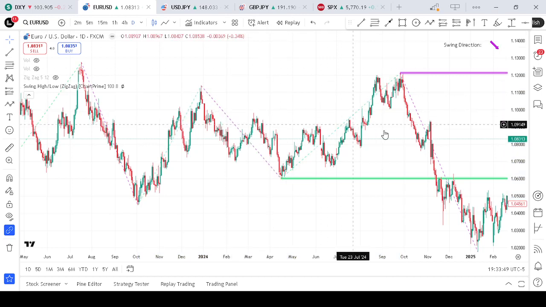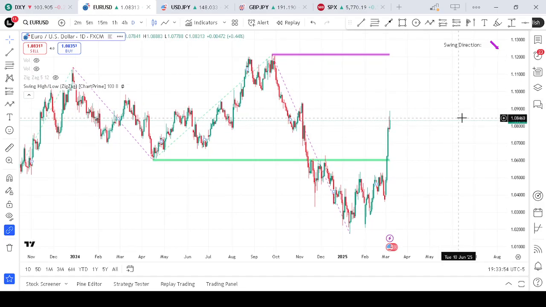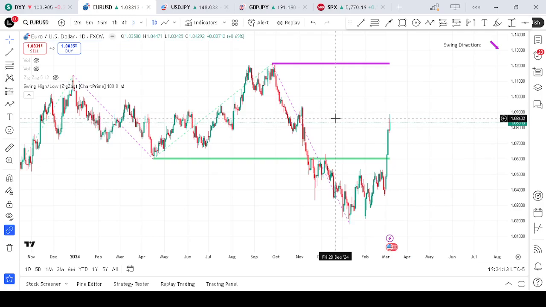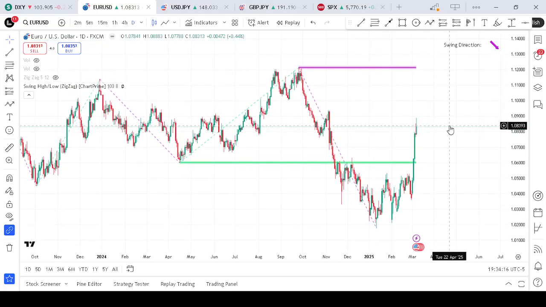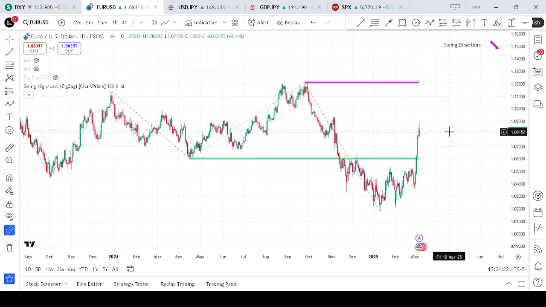Another advantage of the swing zigzag indicator is its versatility in application. Traders can use it to identify support and resistance levels, draw trend lines, and recognize chart patterns such as head and shoulders or double top patterns. This makes it a valuable tool for both trend following strategies and reversal trading setups.